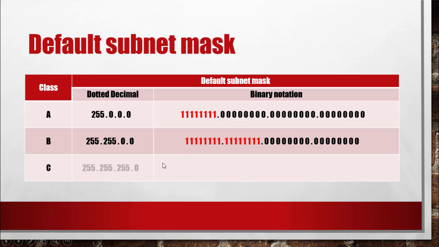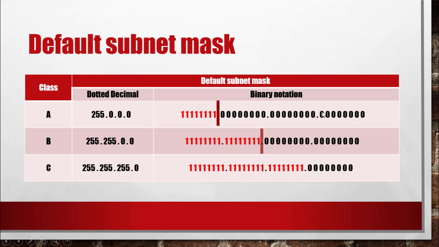For class C, we have three 255 values and a 0, which will be represented in the binary notation as follows. If you see the red part of the binary notation, it is going to tell you the network ID. All the ones are going to represent the network ID, whereas all the zeros will represent the host ID.